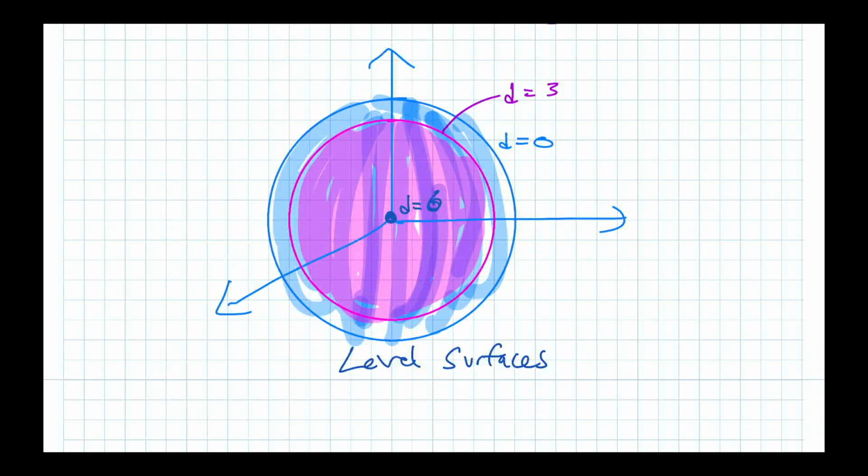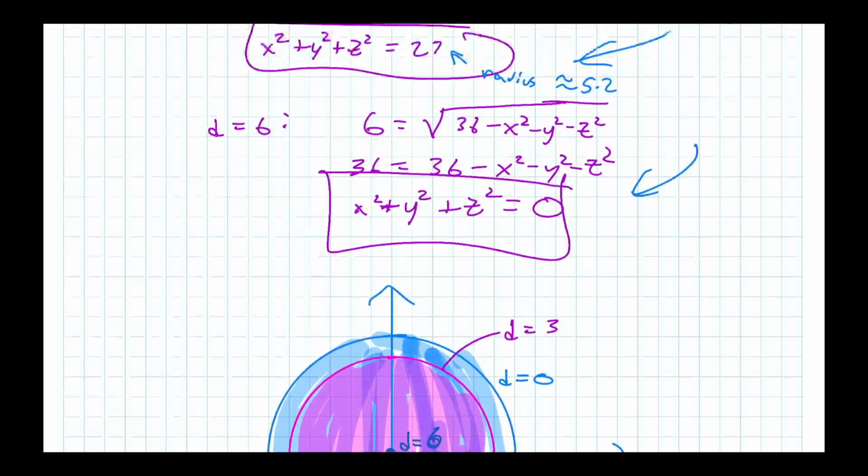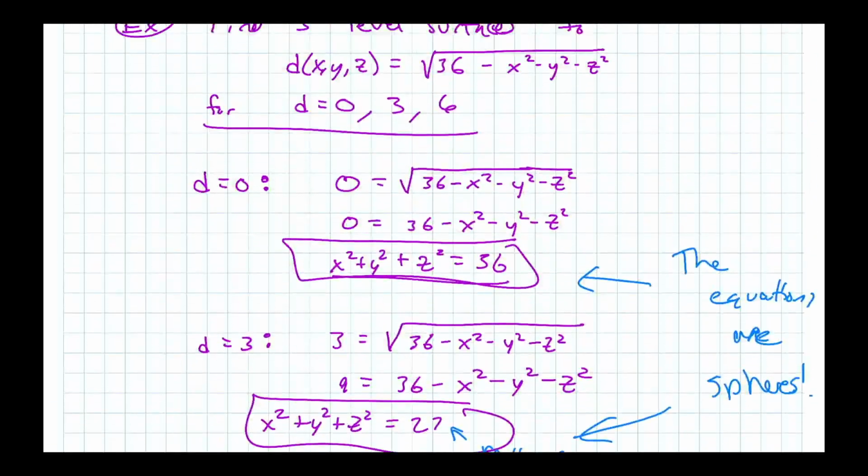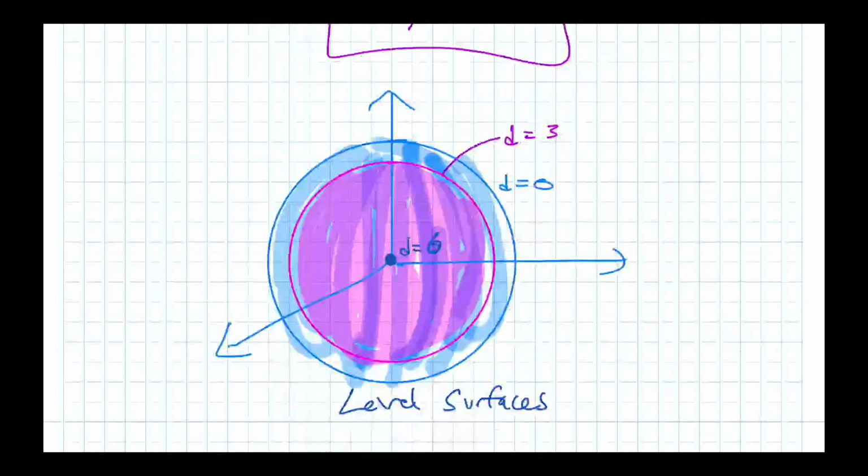Okay, so that is what level surfaces are. You calculate them the same way. You just set the function equal to a constant, so it's the exact same definition as level curves, except that you're dealing with a function of 3 variables instead of a function of 2 variables. Okay, so I think that's everything you need to know. And so we will stop this lecture here.